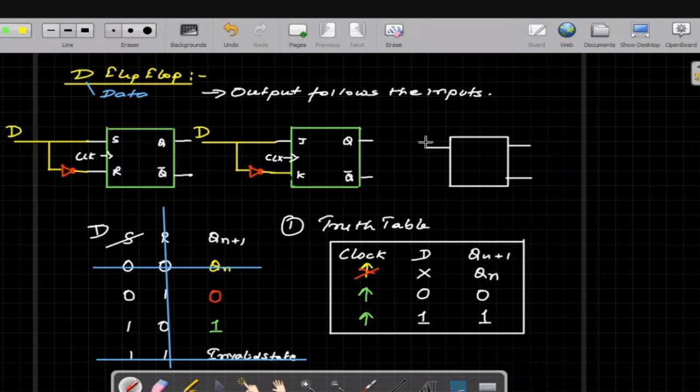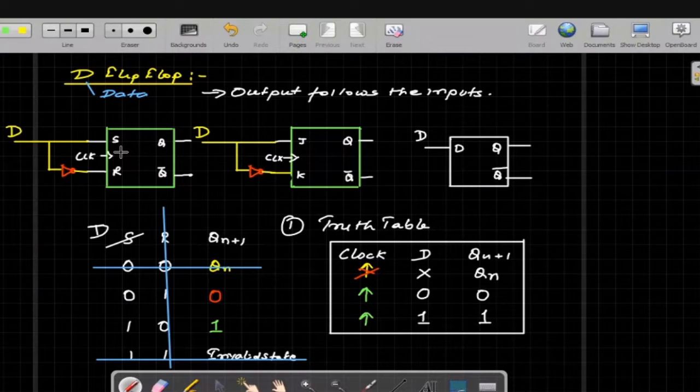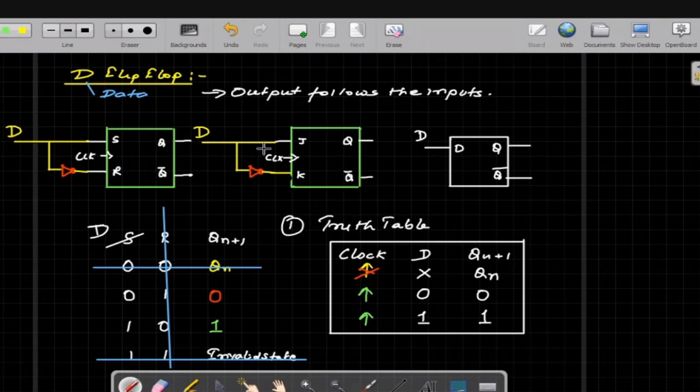This is your data input, the D terminal, this is Q, and this is your Q bar terminal. So these are all equivalent. But from the design point of view, you should always consider that the two inputs of SR or JK flip-flop are complemented with each other.